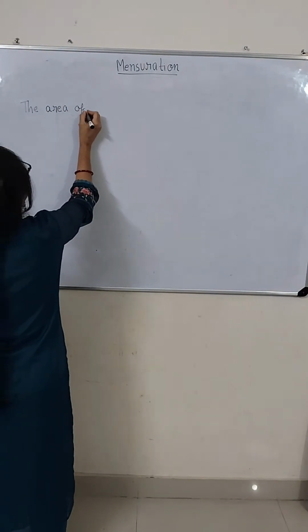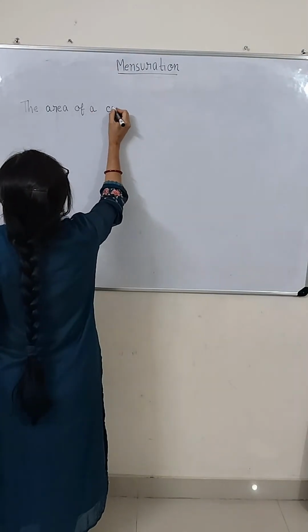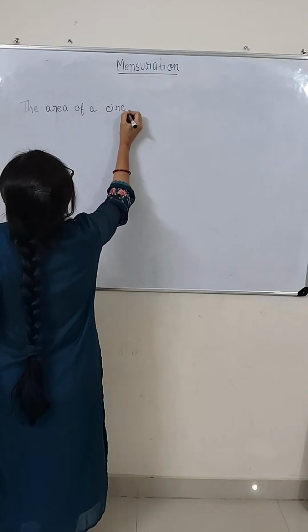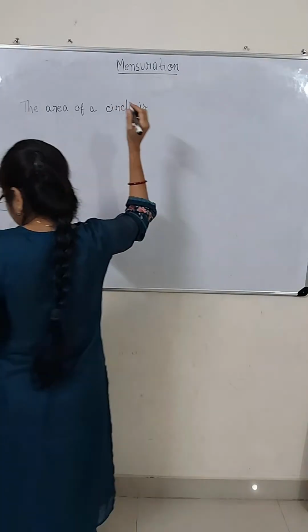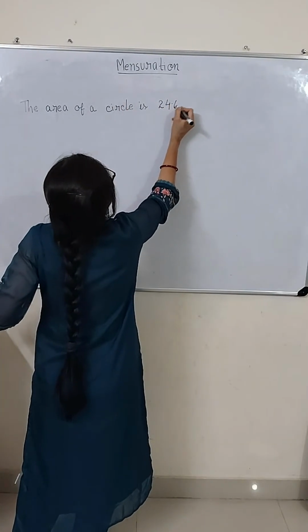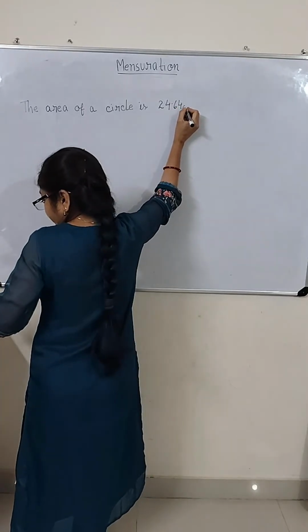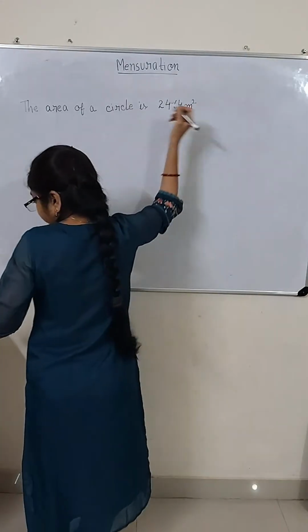The area of a circle is 24.64 meter square.